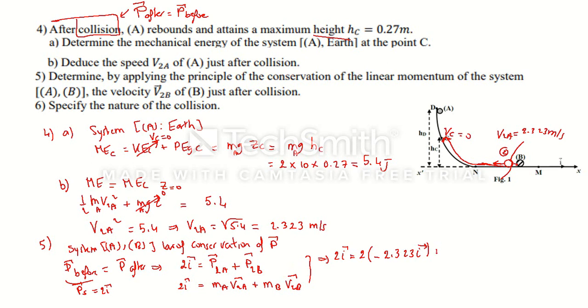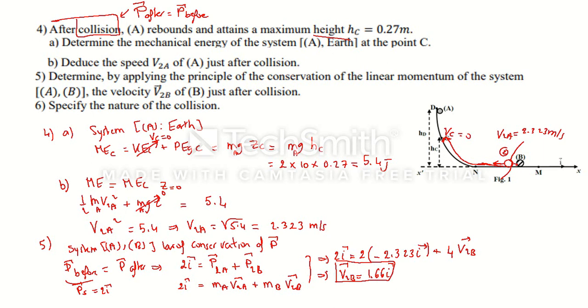And then here plus, we have the second mass, which is equal to 4, and v2B. The question is to find v2B. By doing the calculation, we'll have that the v2B vector is equal to 1.66i. So this will be the v2B vector.